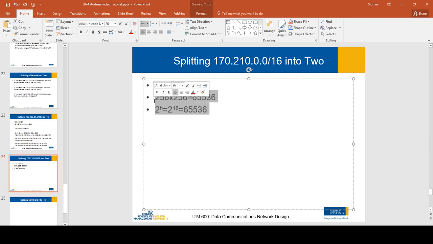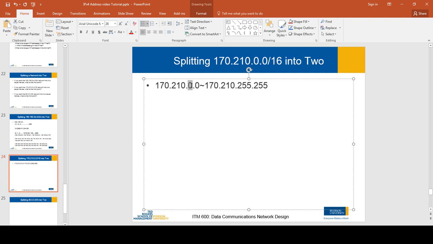Alright, so the IP address range, I'm gonna write it down, 170.210.255.255. Now if you split this range of IP addresses, the most significant octet in this range is the third octet, and the third octet value ranges from 0 to 255.